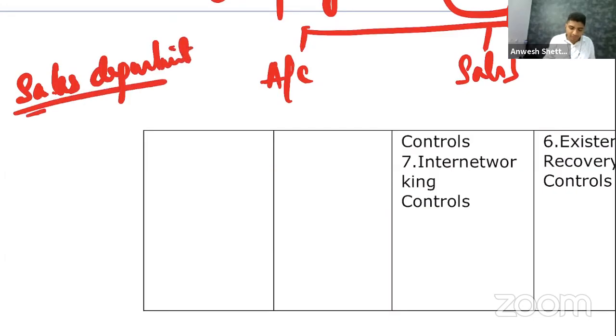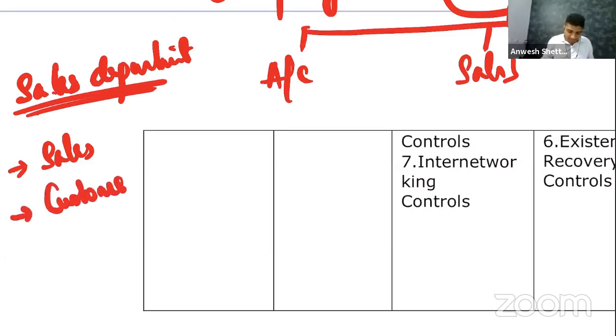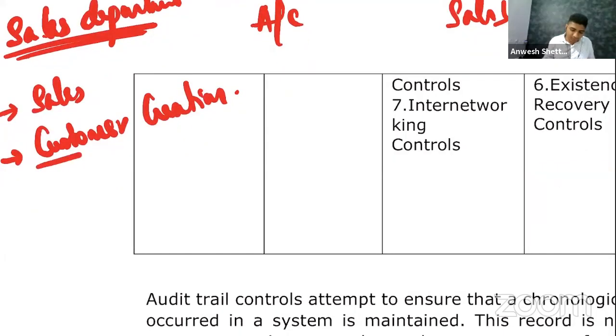So what am I going to enter in the system? I am going to enter sales related information. If I make any sales, I am going to enter this information in the system. Or customer creation: if there is a new customer, I am going to create this customer in the system. So let us say as an employee, I want to create a customer, so I click on that button.